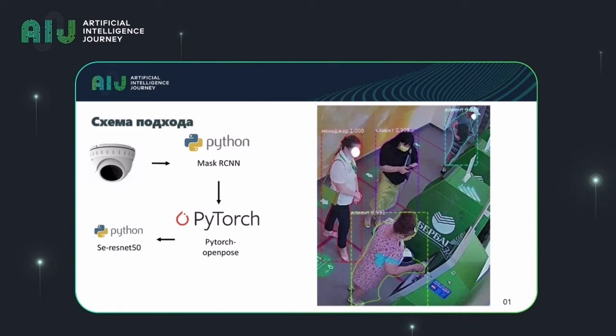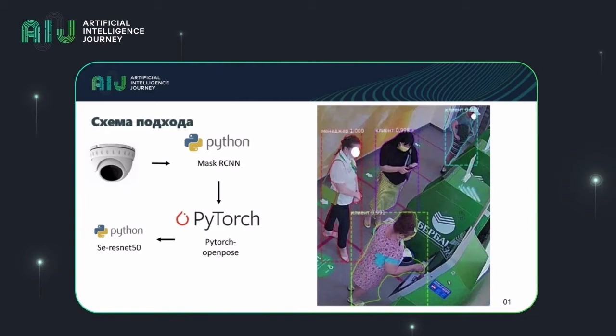So we have a camera from which, in order not to analyze the entire video stream, because that would be too resource intensive, we could analyze specific images taken with a certain frequency, once every second, for instance. Then the image from the camera is passed to the neural network.